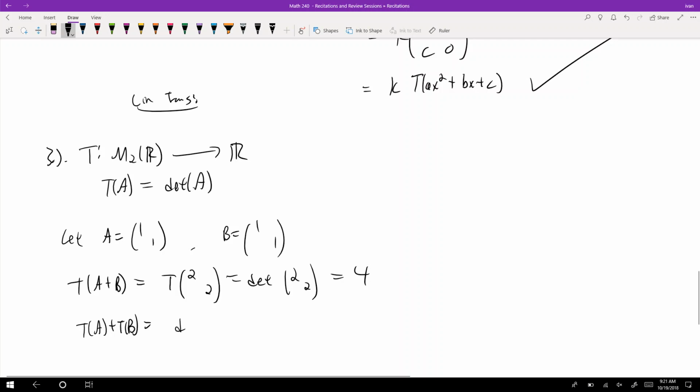Well, that's equal to the determinant of A plus the determinant of B, which is 1 plus 1, which is 2. All right, and then we see that these two are not equal to each other. So it's not closed under plus.